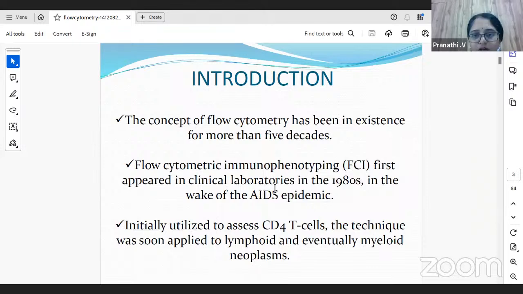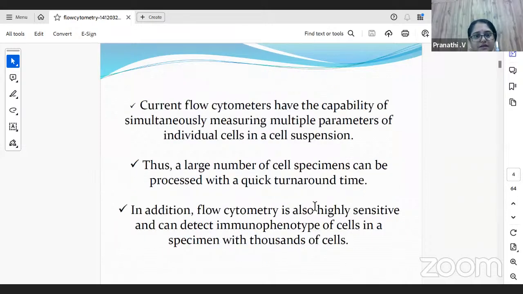So back to flow cytometry. Immunophenotyping has been used since the time of AIDS, so 1983 onwards, the 1980s onwards. It was used to assess CD4 T cells and lymphoid cells. Now myeloid neoplasms, that is your cancer cells, all of it are being seen.